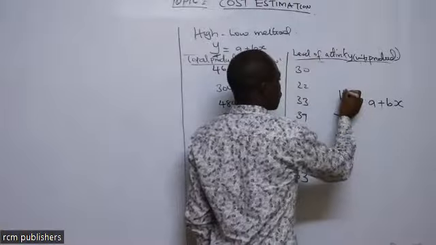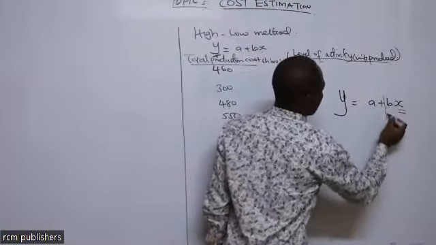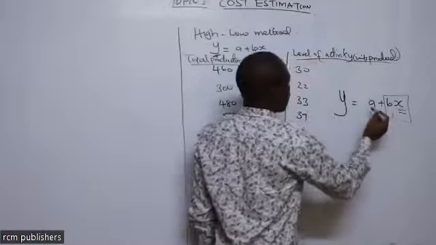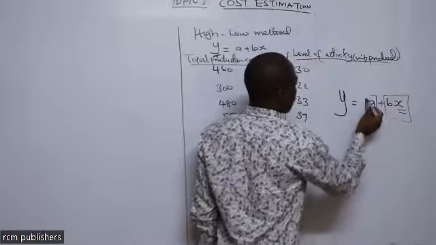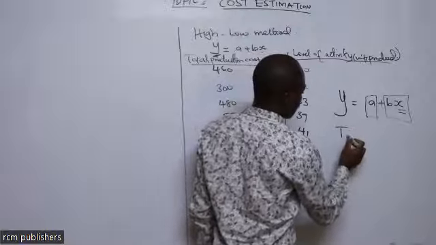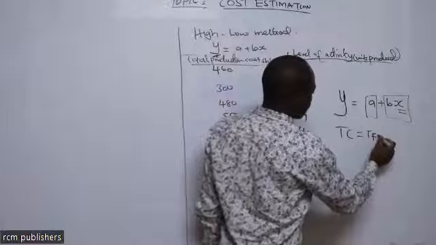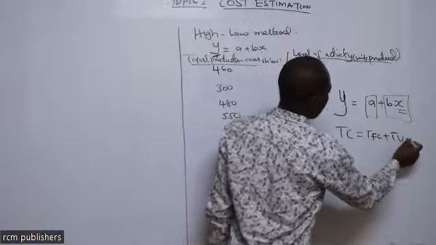Our total production cost is dependent on the units that we are going to produce to give us the total variable cost. Then we now add the total fixed cost. So the total cost will be total fixed cost plus total variable cost.